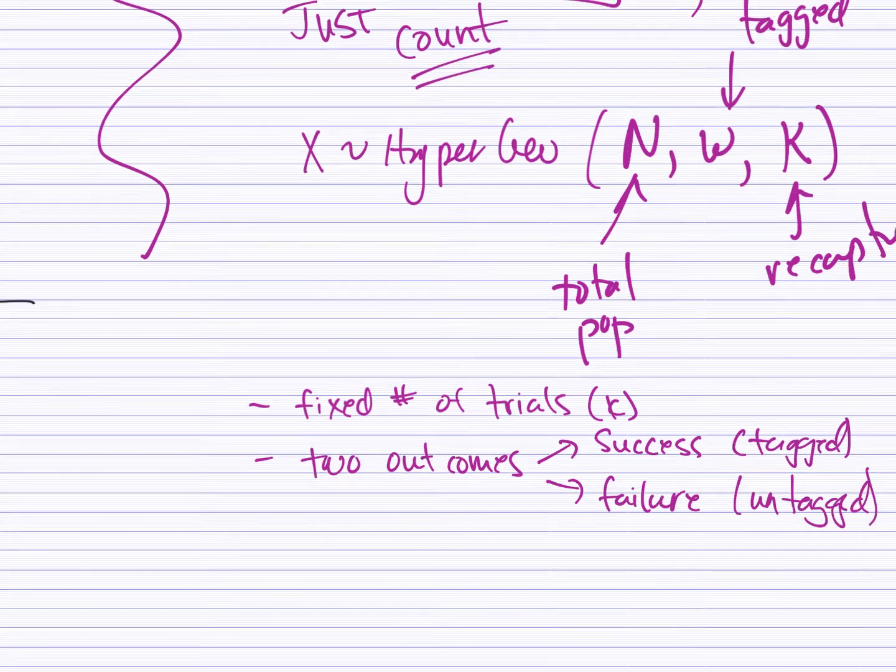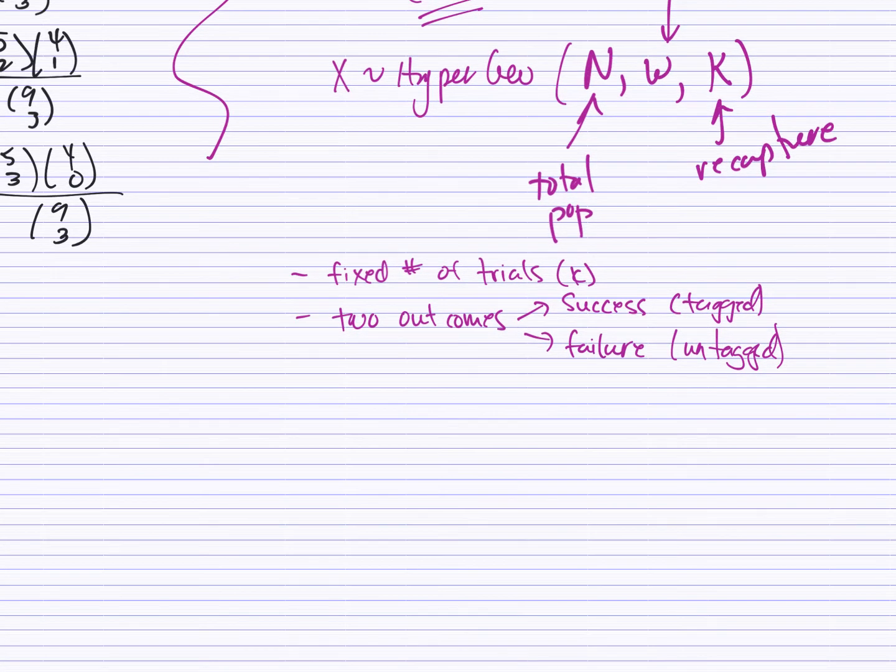right? Well, what's different is every time I pull an elk out of the population, the probability that I pull another tagged one is different than when I did it in the first place, right? X is not independent, right? So my trials are not independent of each other. The probability of success changes after every pull.